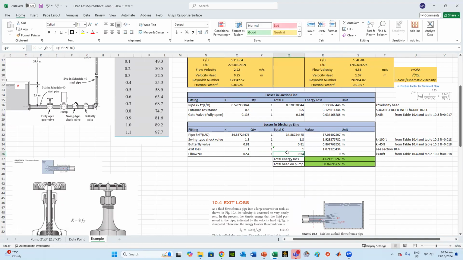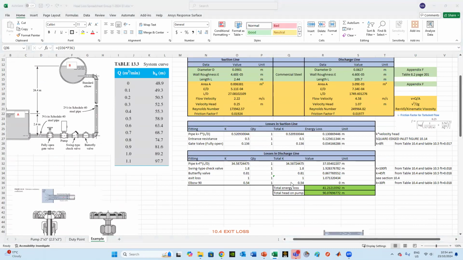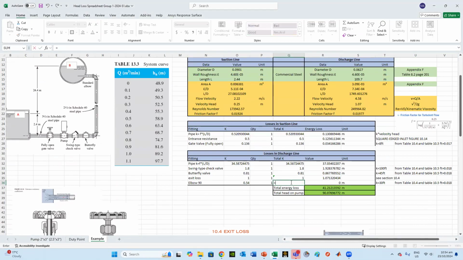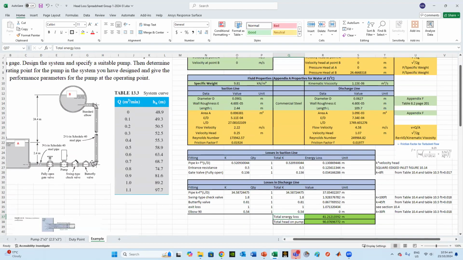That will be just multiplying this with this to give you the right value, and then we just check it, multiply by this. Now, here is the trick. I made a mistake. Actually, they are not one quantity. The quantity is 2. So when I correct that one, that is the right number. So you make sure the quantity is addressed correctly because you have 2 elbows. Now you come here, you multiply this times the velocity head, and you get the value 1.07.